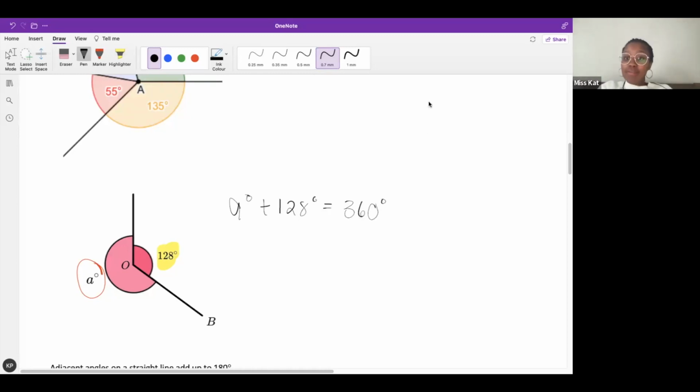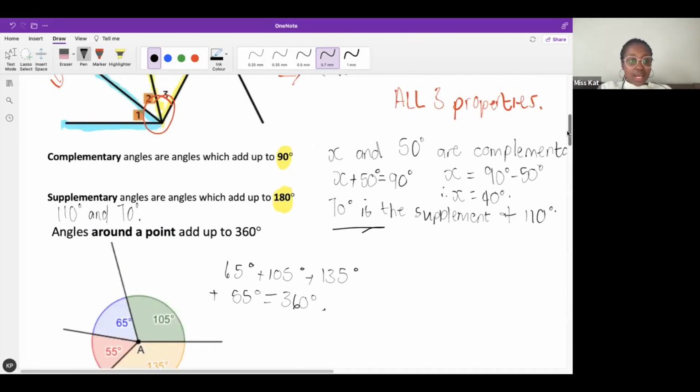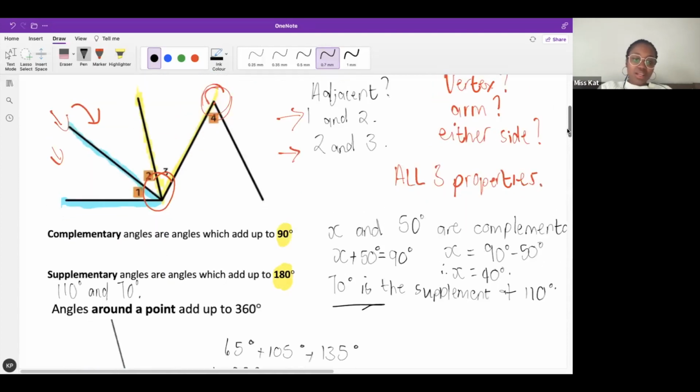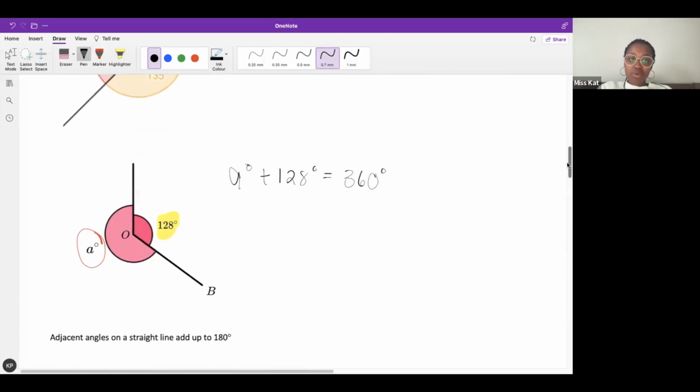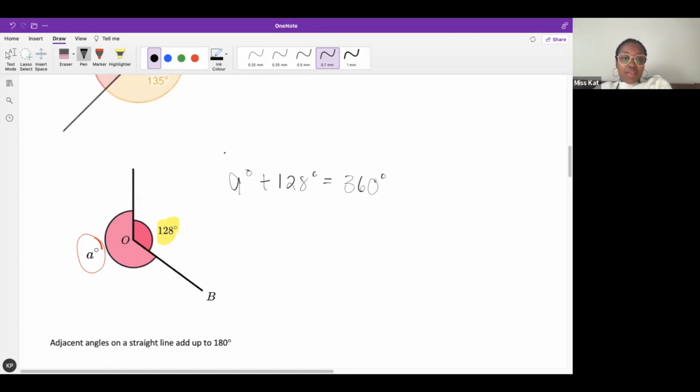Geez, I realized I haven't been telling you reasons, guys. Remember in geometry, there are always reasons. So it's a statement and a reason. We just started with the reason part. After you make the statement, A plus 128 degrees is 360 degrees, so let me write the statement. That's what you're saying, right?